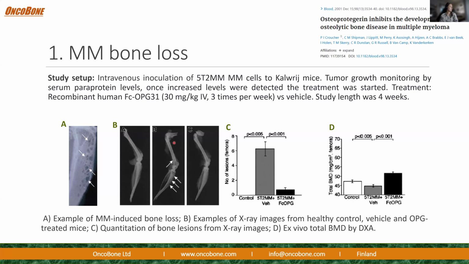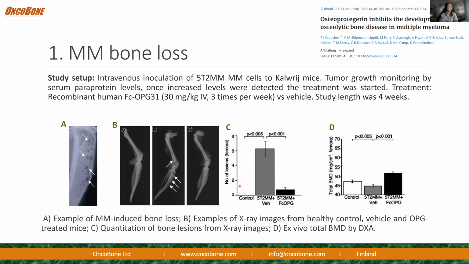The second one is injected with multiple myeloma cells, but the mice were receiving a vehicle treatment. And C is the one where the mice received the multiple myeloma cells, but got this OPG treatment. The white arrows point out the individual bone lesions that were observed, and we see them a lot in the vehicle-treated mice, but not so much in the OPG-treated mice.